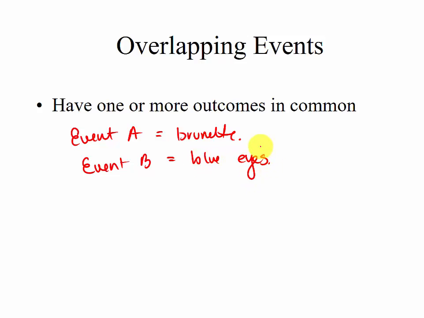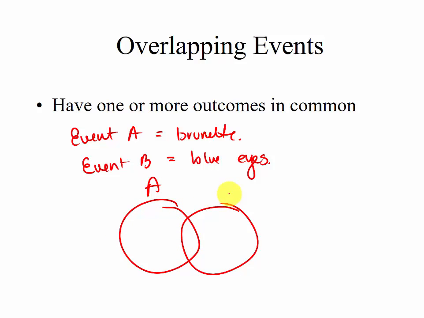Now we can have brunettes that have blue eyes. So if you want to think of it like this, where this is event A and this is event B, we can have the brunette, we can have the blue eyes separately, but we can also have some people be a brunette and have blue eyes.